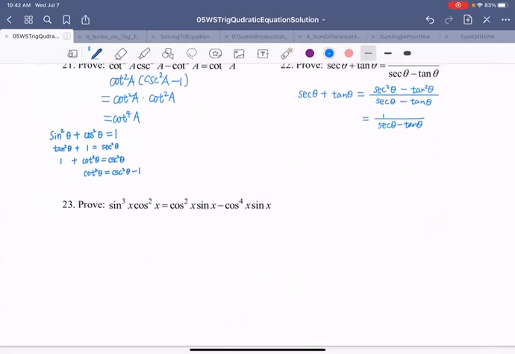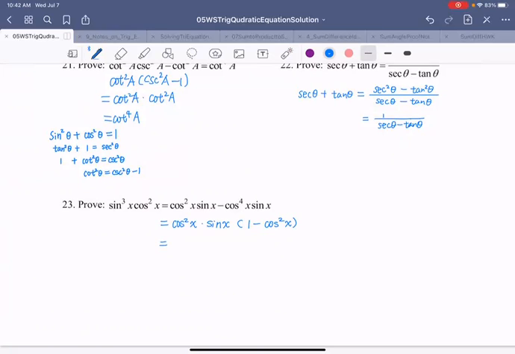Go ahead. So I start on the right, I think. Cosine squared x times sine x times 1 minus cosine squared x. You take this factor. This is 1 minus cosine square x. Very good. Next step.